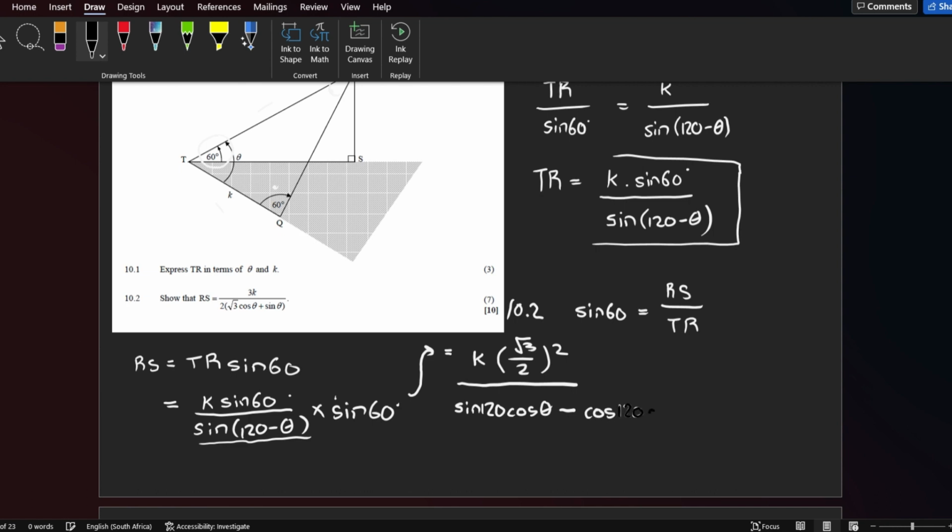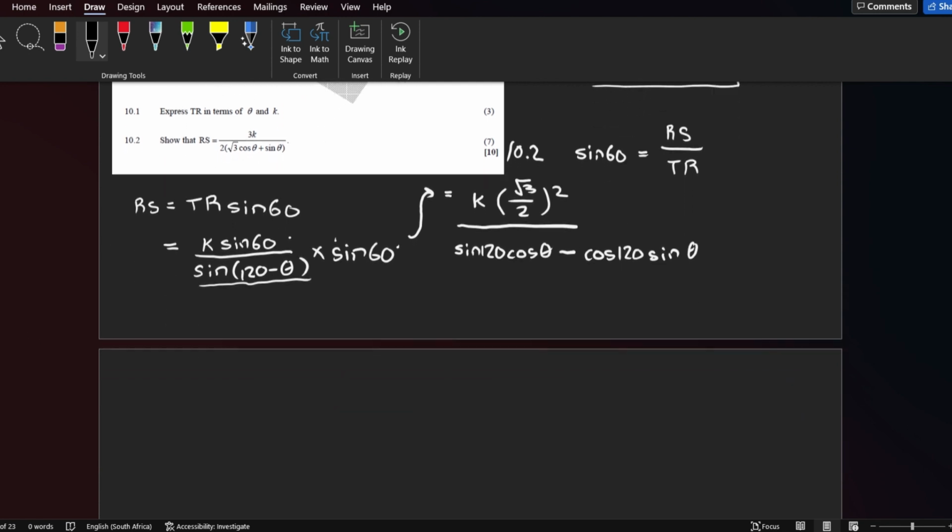120 cos theta, and we keep the negative sign since it's a sine compound angle, and then we have cos 120 sine theta. Continuing to simplify the expression, we have K multiplied by root 3 squared becomes 3, and 2 squared becomes 4, which we take below as our denominator.